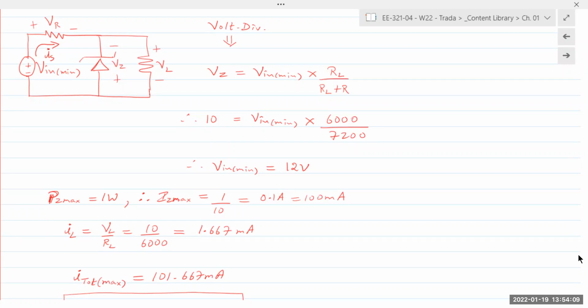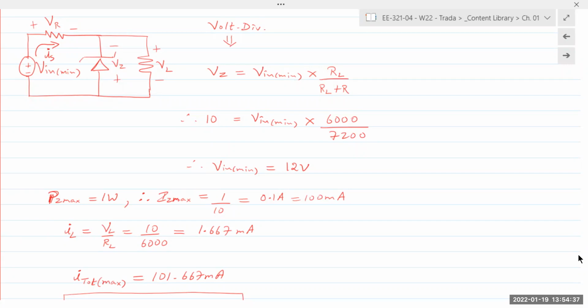IZ can change. So we found the maximum value for IZ, which was 100 milliamps. And then IL we found as 1.667. That 1.667 is the load current flowing through RL, which is constant or is supposed to be constant. Add it up to IZ, and that gives us 101. That's the max that it can handle.